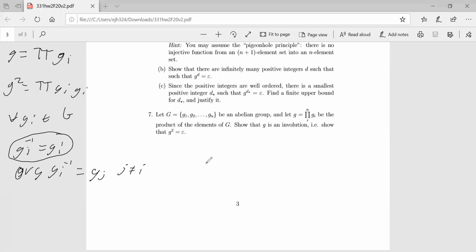So in this case, let's reorganize this. Let's break this up into the two different sets. So G squared is equal to the product of, we'll call this set self-inverses, and this is different inverses.